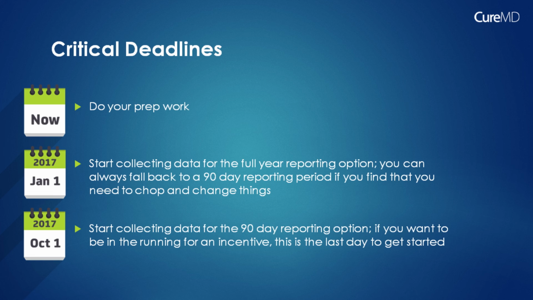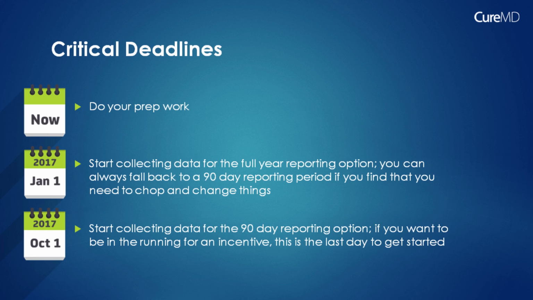So what works for you, what's the best thing for you and your patients. And then if you decide not to proceed on January 1st, then October 1st is the last date that you can start collecting data in order to do the 90-day reporting. And when you choose to do that, again, there is a chance that you get incentive as opposed to just lose the bonus.